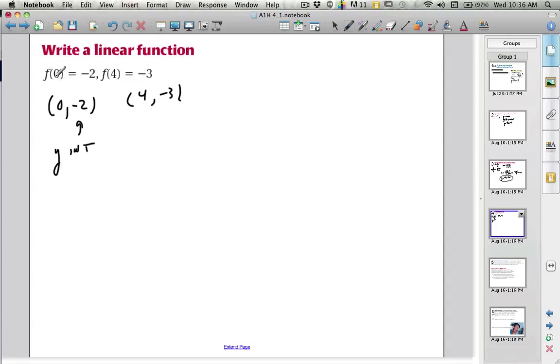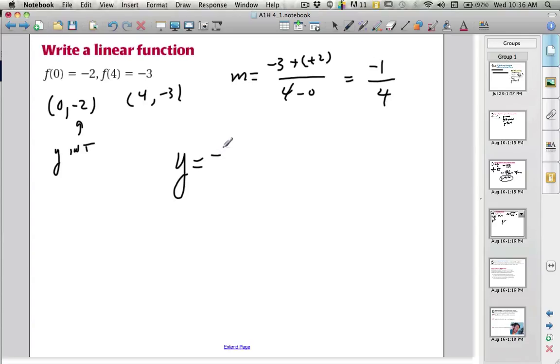It's that when x was 0, y was -2. When x was 4, y was -3. Now I need to find the slope. So I'll have -3 minus -2 over 4 minus 0. -3 minus -2, that's the same as -3 plus 2, is -1 over 4, so -1/4. And now if I write my equation, y is -1/4 x plus -2 or -2.